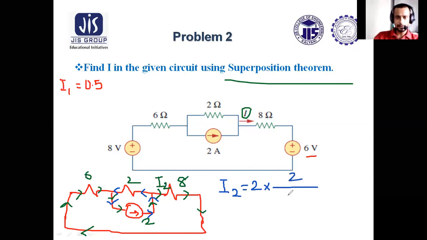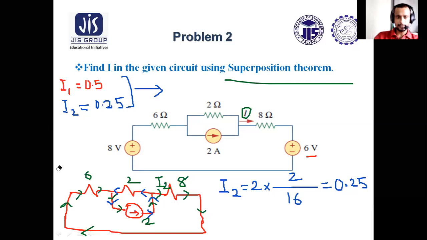So 2 by 16, that is 8 plus 6 plus 2, which is 0.25. So I2 is 0.25 ampere. Through the 8 ohm, these two currents are flowing from left to right. Okay.